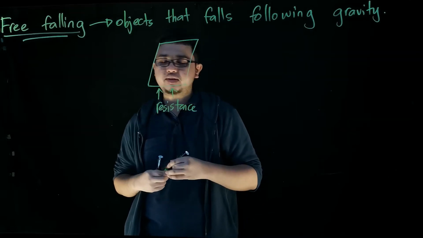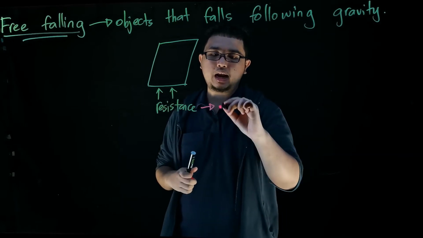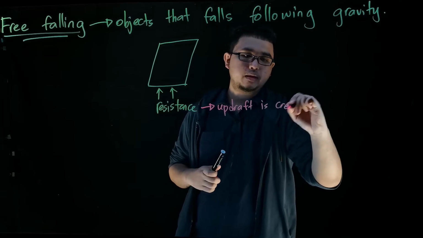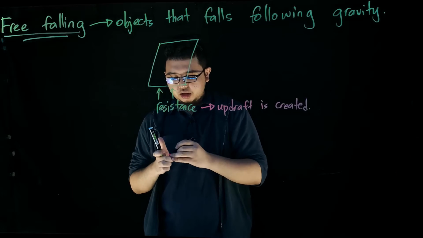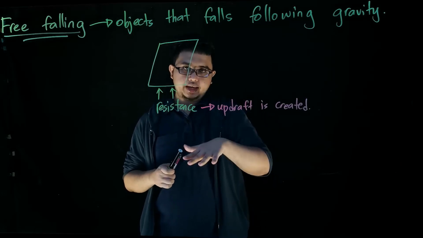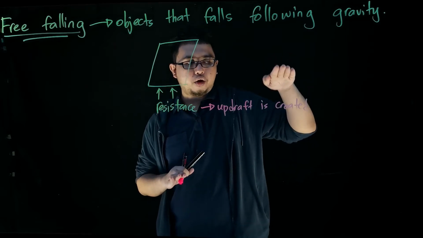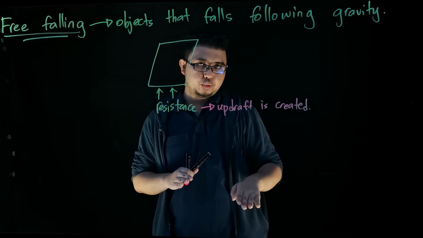And this resistance is due to the air particles surrounding us, creating an updraft. So when the updraft is created, all the objects that are falling will rely on this resistance for their speed, whether it's going fast or going slow.